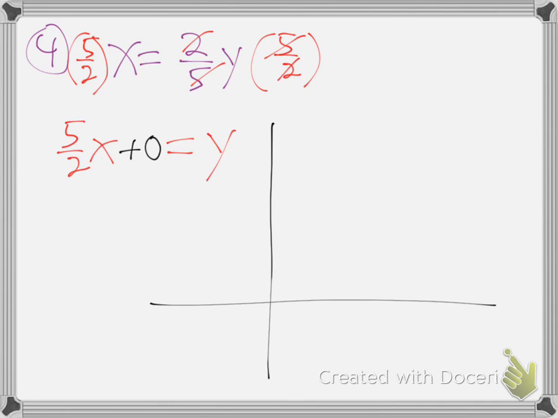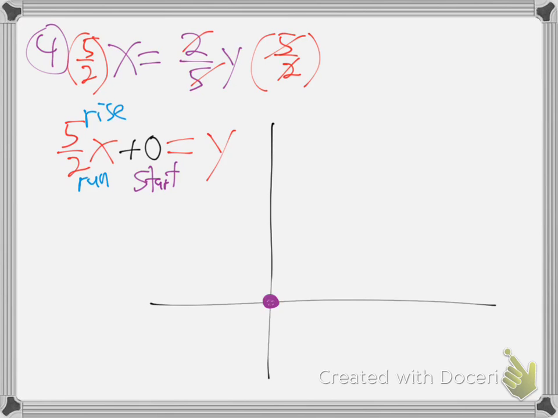So where do we start then? Where's our first dot? Start at 0, right there, like that. And then where do we go from there? The 5 and the 2. So you rise over run.